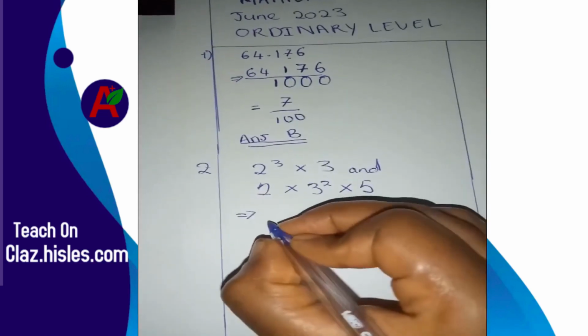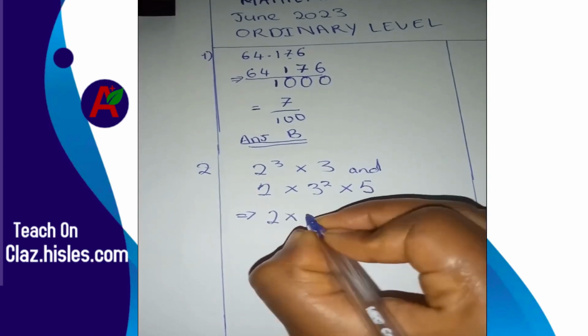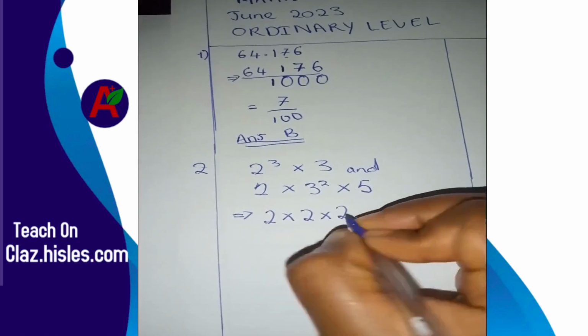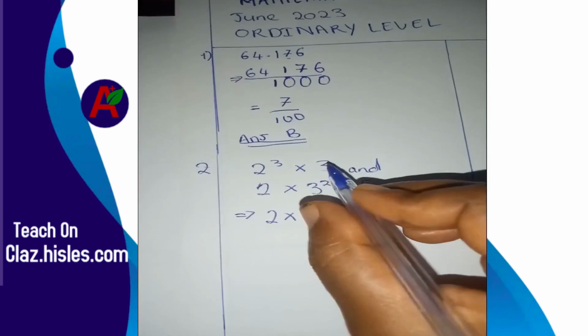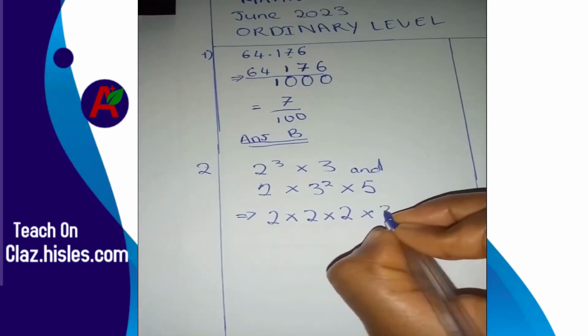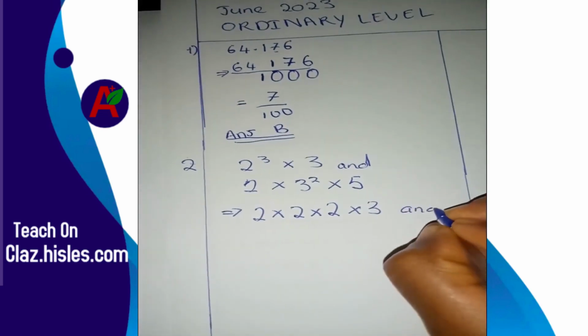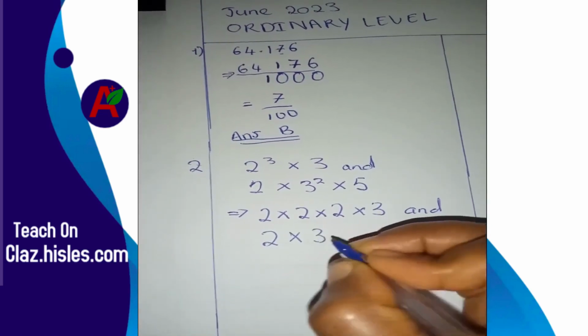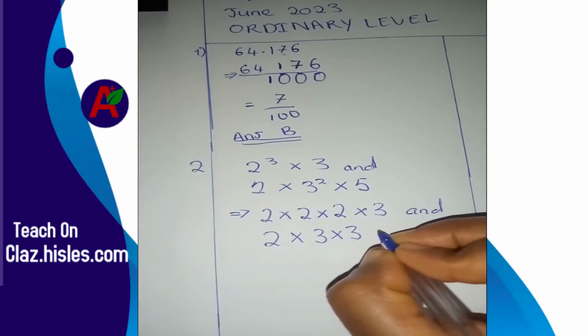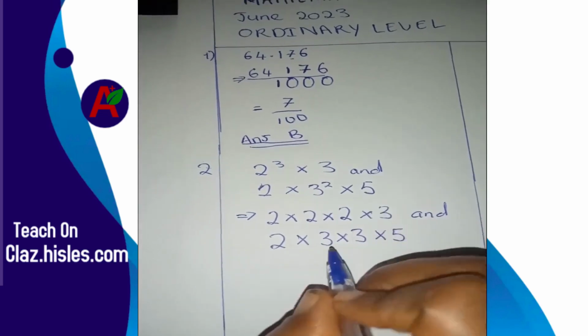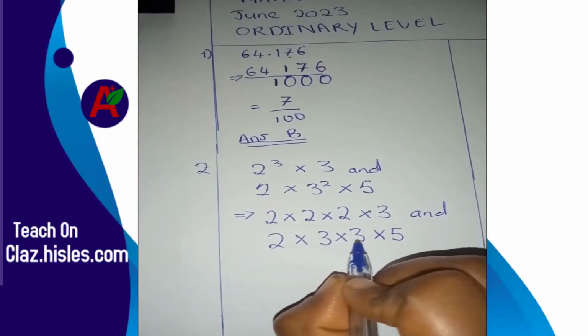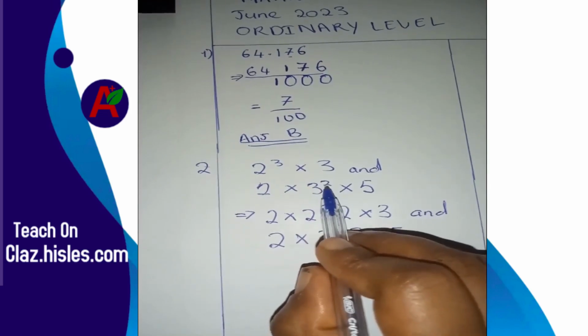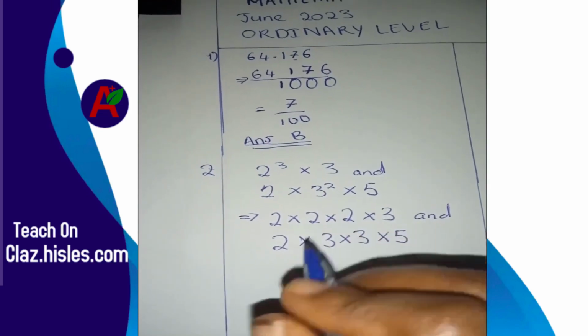So 2 to the power 3 can also be written as 2 times 2 times 2, and this 3 is to the power 1, so we'll just have one 3. And the other is 2 times 3 times 3 times 5, because 3 is raised to an exponent of 2, that's 3 squared, so 3 times 3.